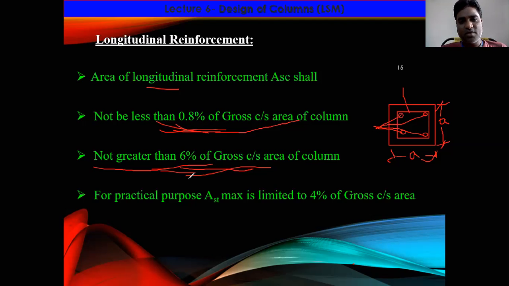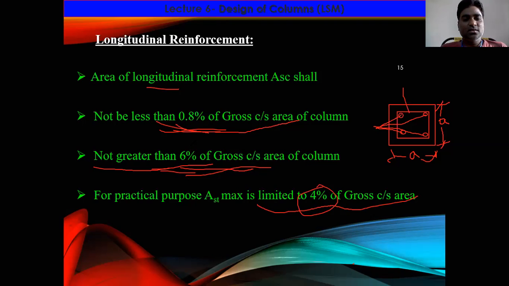The diameter of the vibrator may not be allowed if you provide more reinforcement, because the gap will become very small, right? So from the practical point of view, the maximum longitudinal reinforcement is limited to 4% of the gross cross-sectional area of the column, right?